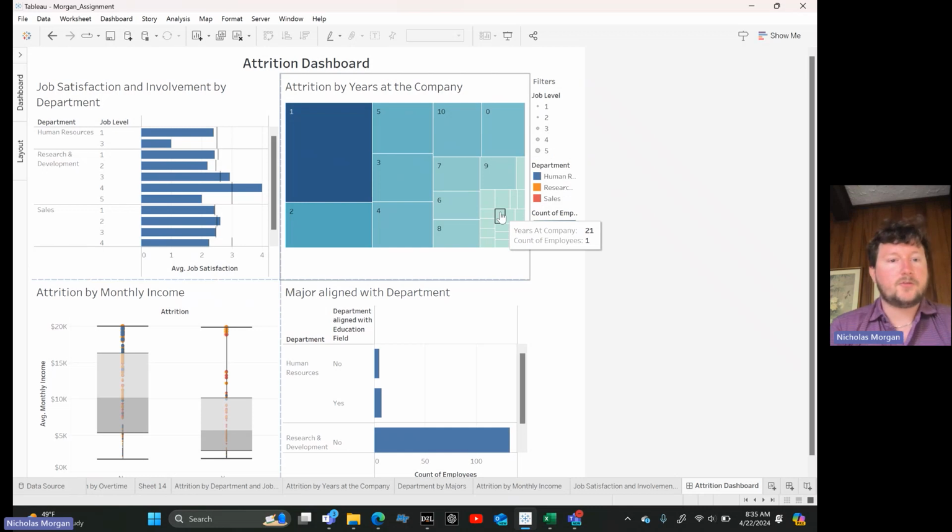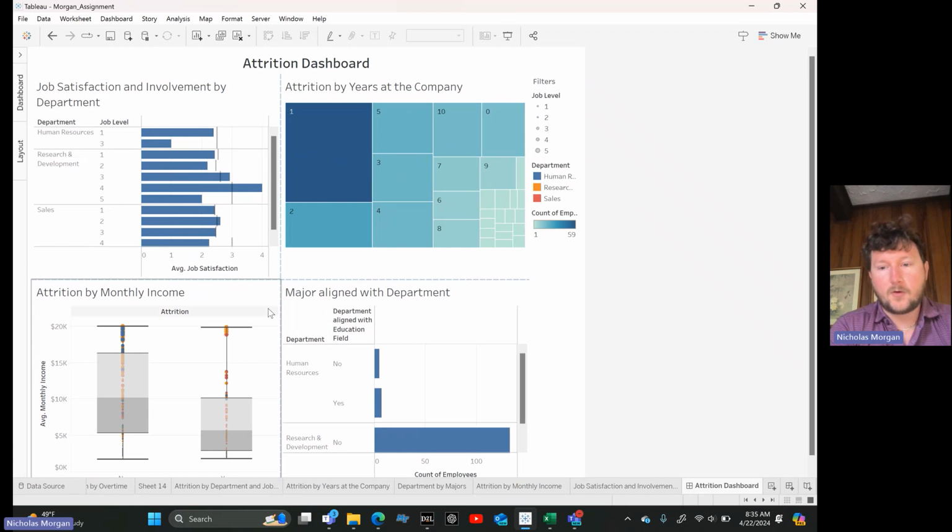which is attrition by monthly income. Now, this is going to be the most major point of my entire dashboard here. If you look at this attrition by monthly income, you can see a direct correlation between the people who quit and their average monthly salary and the people who stay and their average monthly salary.